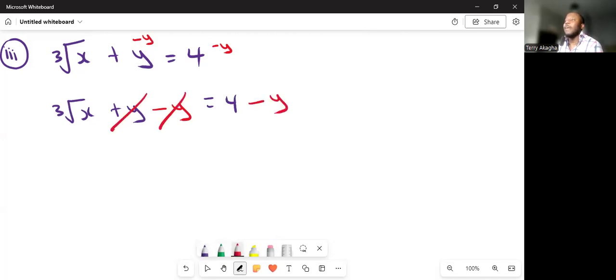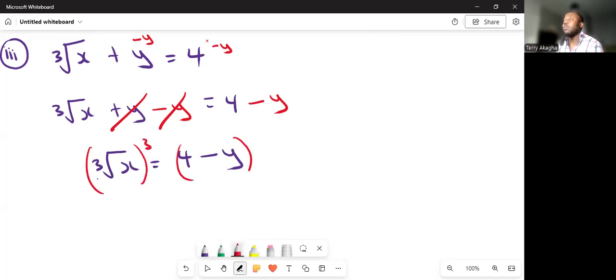The plus y will cancel, okay? Then we now have the cube root of x will be equal to 4 minus y. So I need to get rid of the cube root. What I'm going to do is raise both sides to the power of 3, okay? And that cube root will cancel that. And then you now have x is going to be equal to 4 minus y, all raised to the power of what?